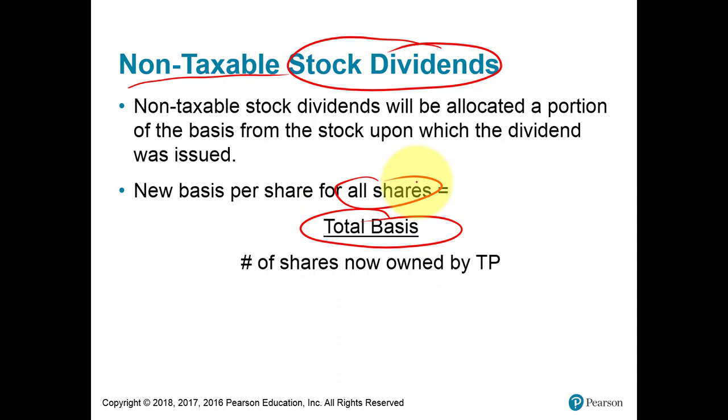So each share has a lower cost, but the total cost is still the same, but now you're sharing it among more shares of stock. Again, no problem if you sell all of the shares at one time. You have an allocation issue now if you sell only smaller amounts, a smaller lot than the original.